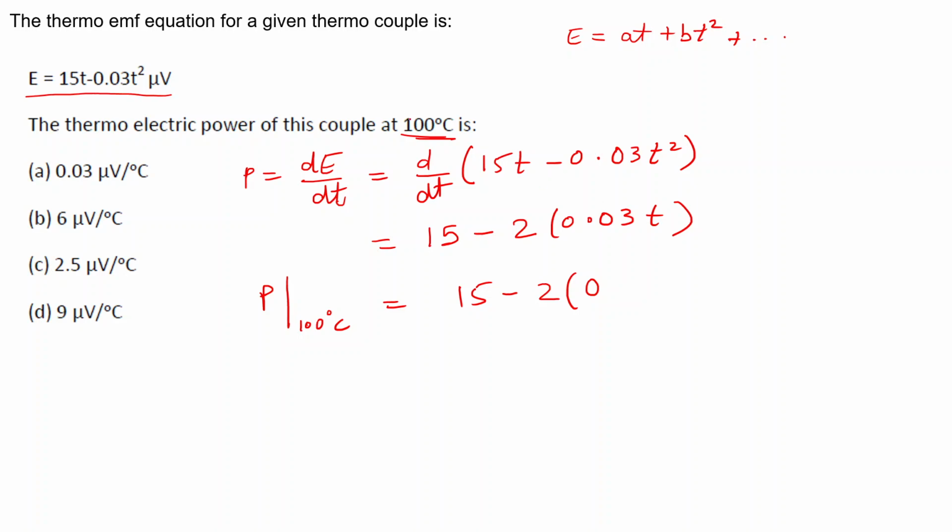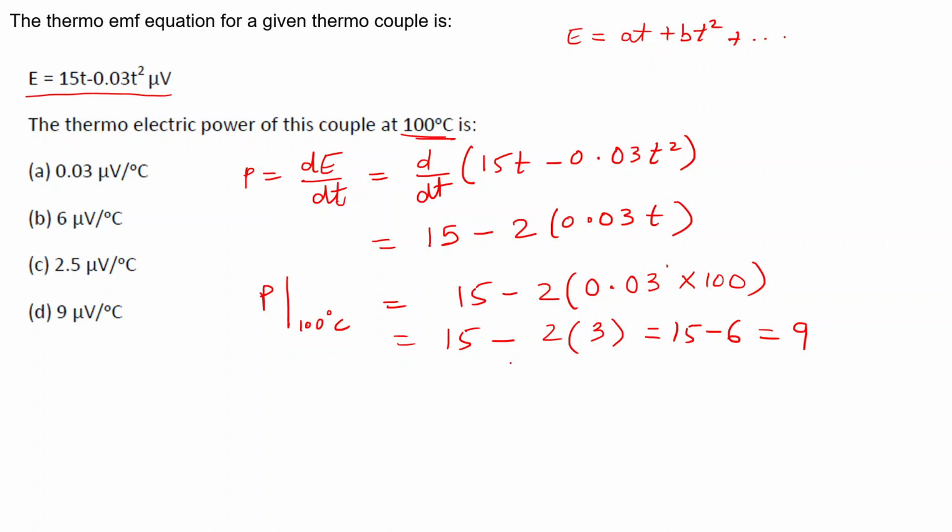Now we need to find out the thermoelectric power for this thermocouple at 100 degrees centigrade, means that T is equal to 100. So when I substitute T value 100 here, what we'll get is 15 minus 6, that will be 9, right?